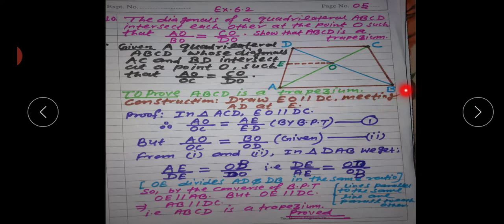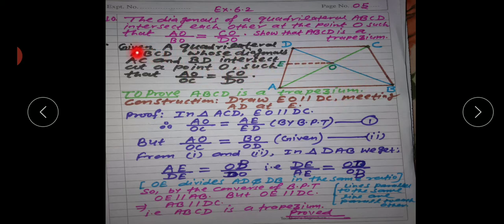This quadrilateral is given ABCD, and its diagonals AC and BD intersect at point O, such that the ratio of AO and BO is equal to the ratio of CO and DO.